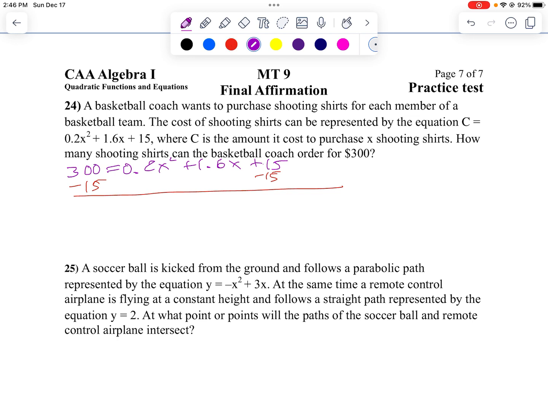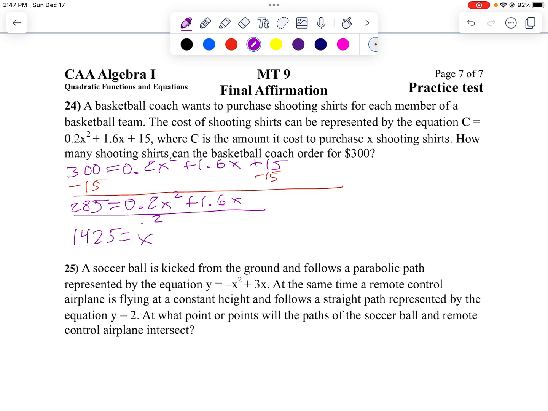Then we'll get 285 equals 0.2x squared plus 1.6x. We're going to divide everything by 0.2 so we can complete the square. If we take 285 and divide it by 0.2, we get 1425.